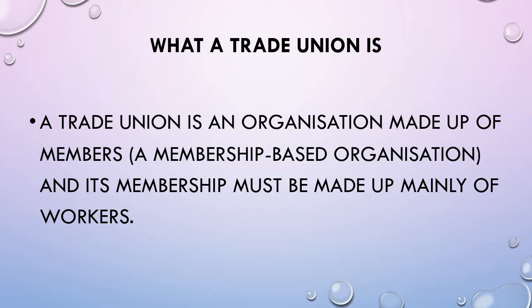Most trade unions are independent of any employer. However, trade unions try to develop a close working relationship with employers. This can sometimes take the form of a partnership agreement between the employer and the trade union, which identifies their common interests and objectives.